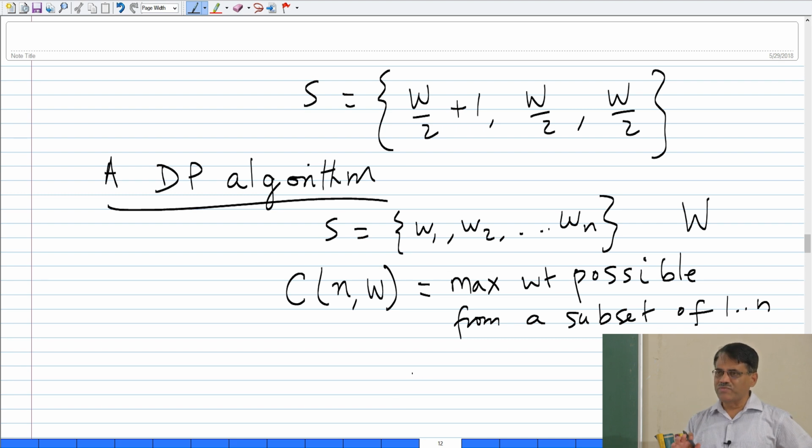And I want to write some recursive formulation based on, let's say, I take the last object or I don't take the last object, right? So if I take the last object, then what is the maximum weight possible in this notation?